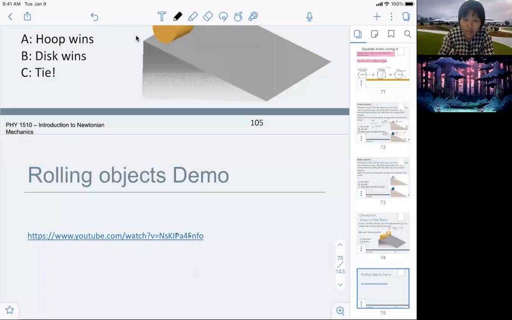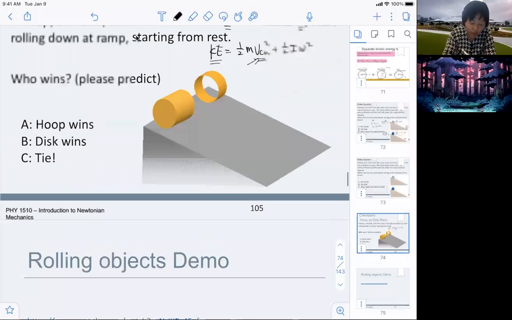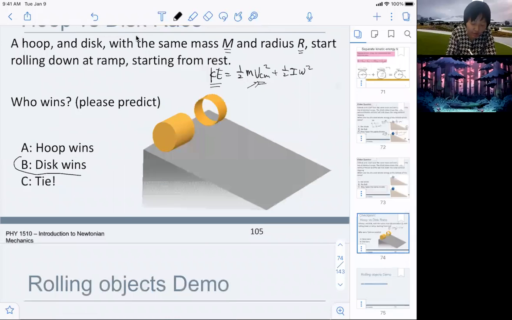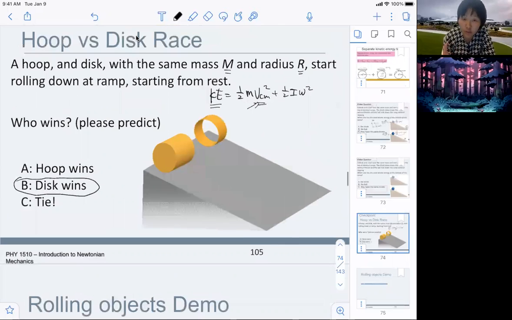All right, so with that demo, we can see that D is correct. So the disk wins the race. In the demo, they talked about this using the idea of rotational inertia as how hard it is to start turning. You can also view this from the perspective of distributing the same amount of energy.